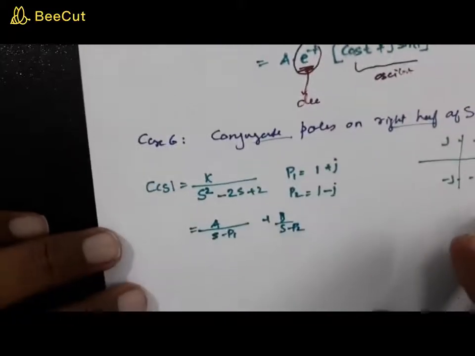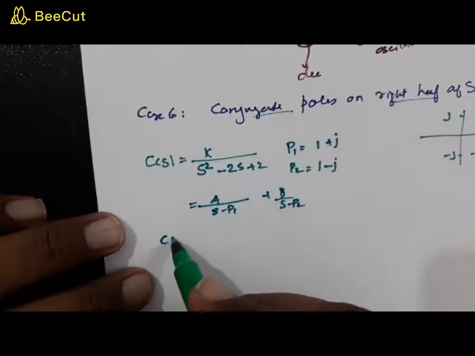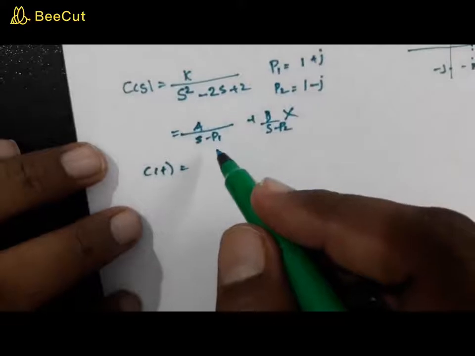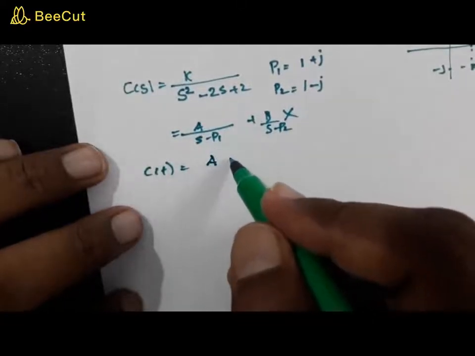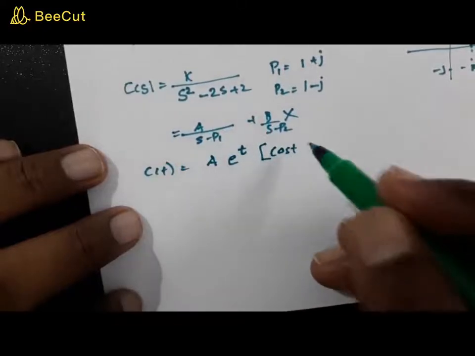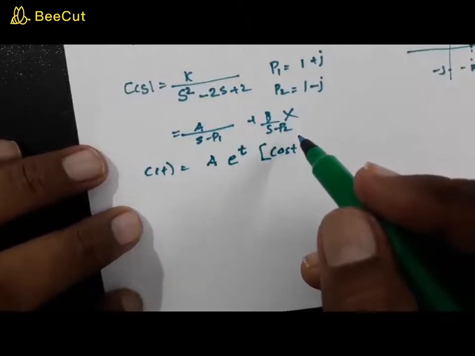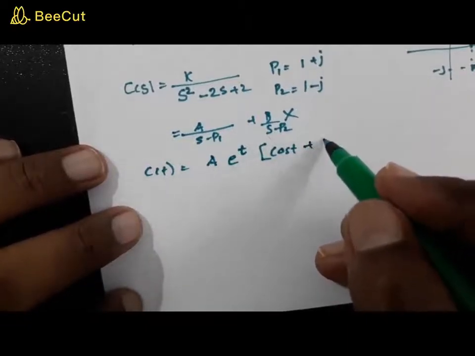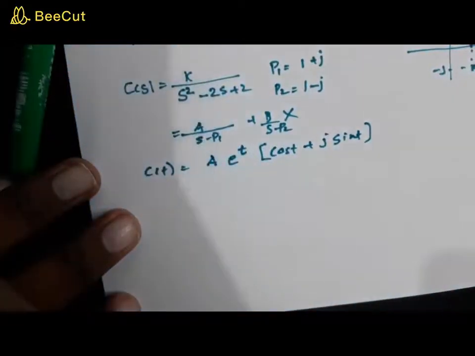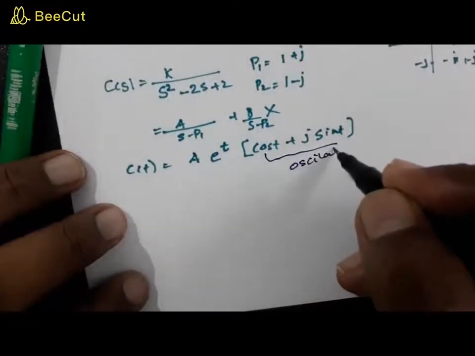Now, when you take the inverse of this, ignoring constants for the sake of simplicity, you can see that this will be A into e raised to plus t into cos t plus j sin t. So what is this? This is actually giving you an oscillation.